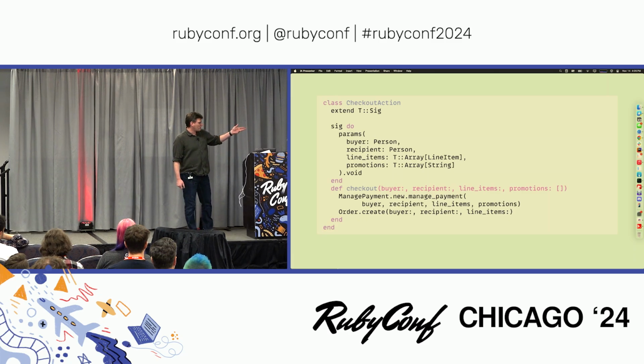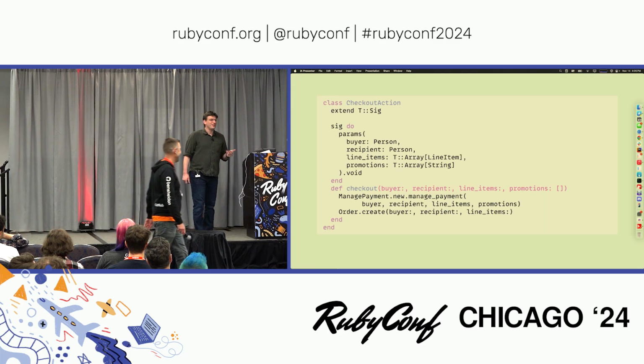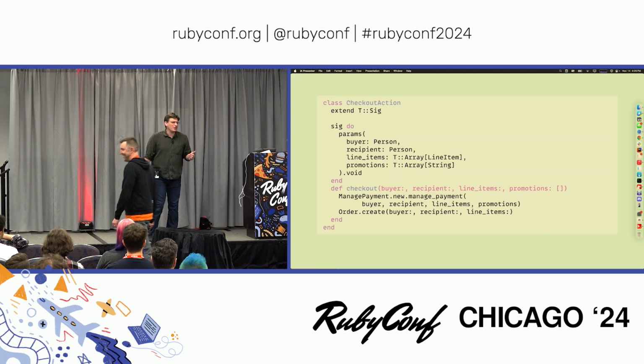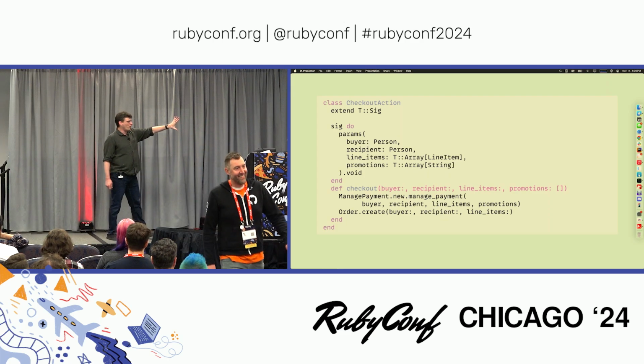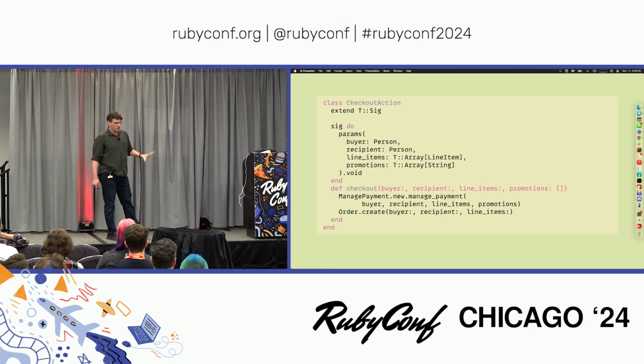Do people have questions about what this is doing? I didn't know that Sorbet existed before yesterday. So this is specifically allowing you to make claims about the inputs and outputs of this method.